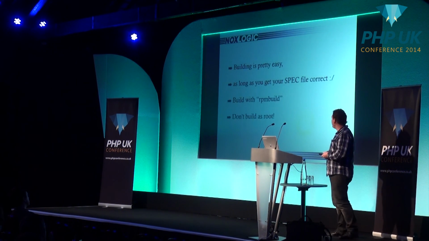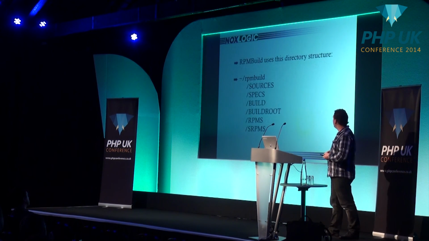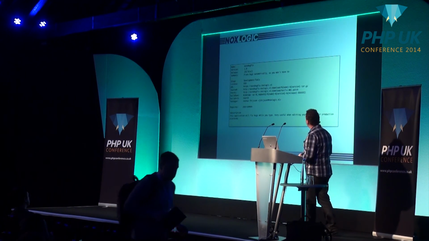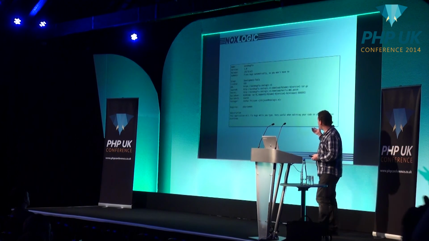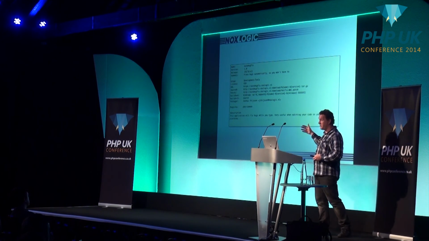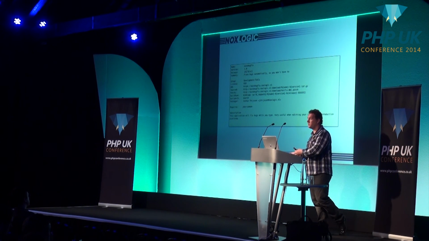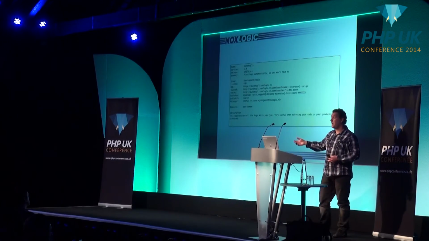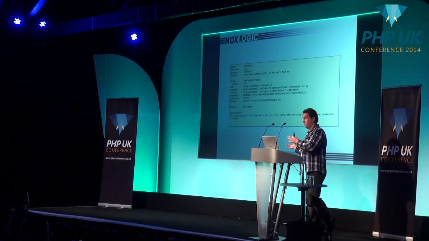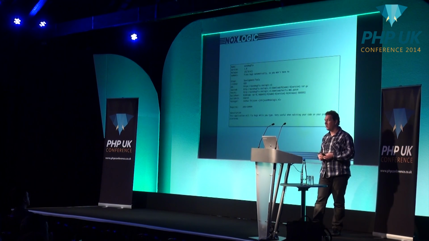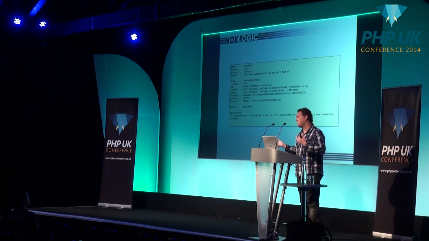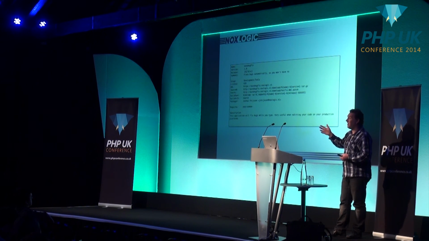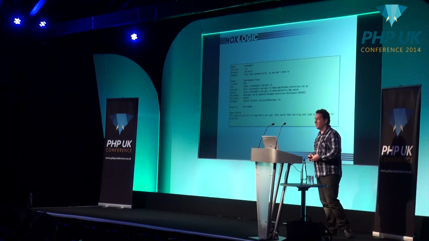However, if you actually use a URL inside the spec file, in this case Source0, it will not see that this is a URL and try to fetch it from that URL and put it in the system before it builds. It doesn't do that. So what you need to do is manually copy the URL contents, put them inside the sources directory, and then it will happily do its stuff. So that's a bit annoying. I don't know why this is the case, but you normally define a URL, but you still have to manually copy it over and install it.